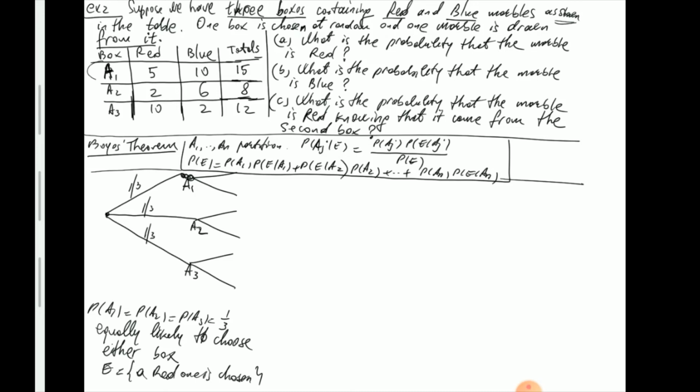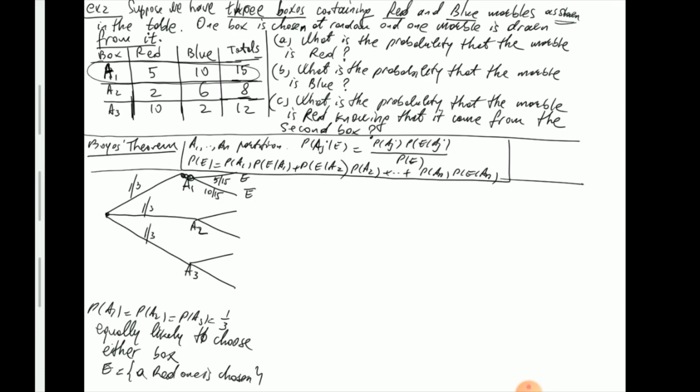Given that you extract the marble from A1, what is the probability that that marble is actually red? So that's going to be 5 over 15. 5 over 15, that is the probability of event E, which is, again, a red one is chosen. And by default, the probability of the complement, which in my case, since there are only two colors, is basically a blue marble. That's going to be the remaining 10 over 15.